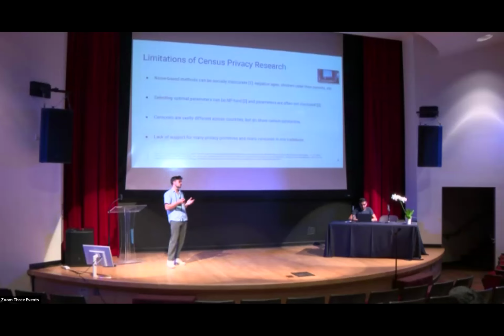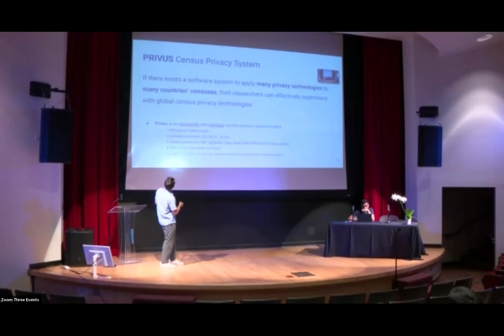At the same time, the tools for us to experiment with different methodologies simply don't exist. So the state of the art of research software systems for experimenting with privacy and censuses isn't quite there. We don't have the kind of benchmarks that one might expect from a field like this. We cite some of the research there that supports these limitations.